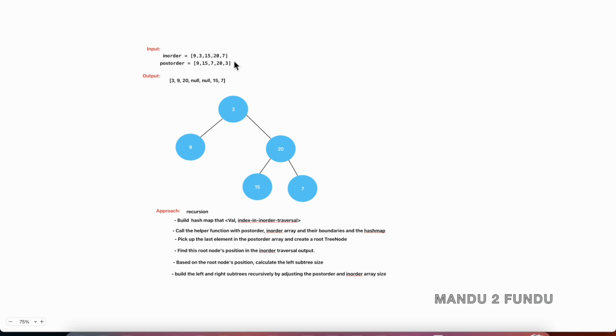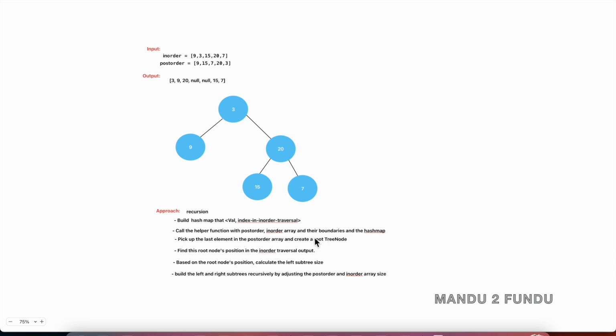Then inside the helper function we pick up the root node from the Postorder output. In a given Postorder output, the last element is the root of that entire tree. In this case, 3 is at the end, so 3 is the root. So first we build a root node with that last element of the Postorder output.